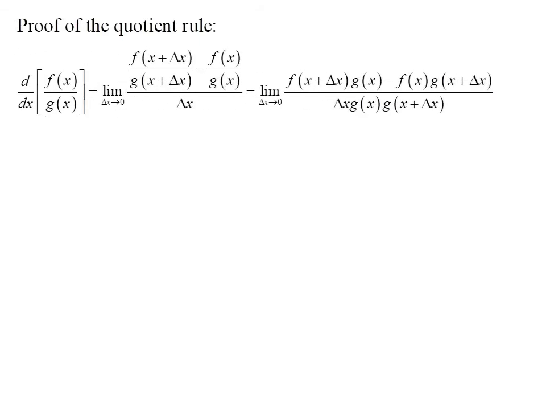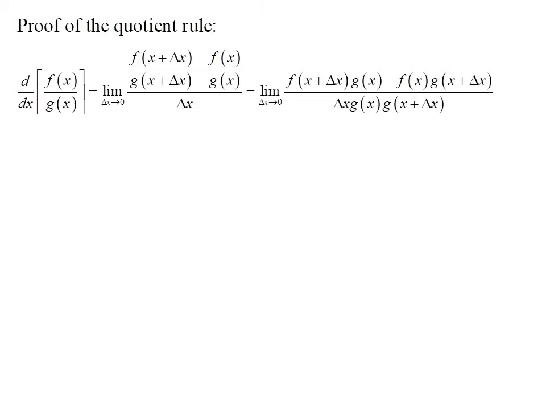Now we're going to prove the quotient rule here, the derivative of f(x) over g(x). The condition is that both f(x) and g(x) are differentiable at all values of x, and g(x) does not equal 0. The proof is also based on the first principle.